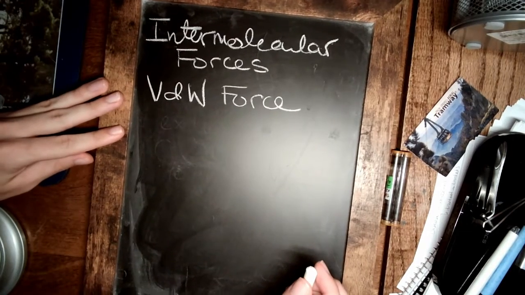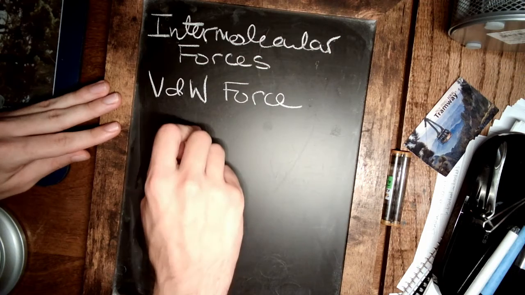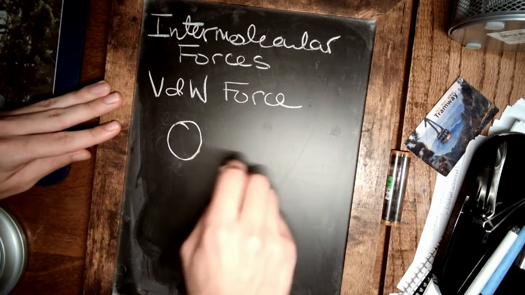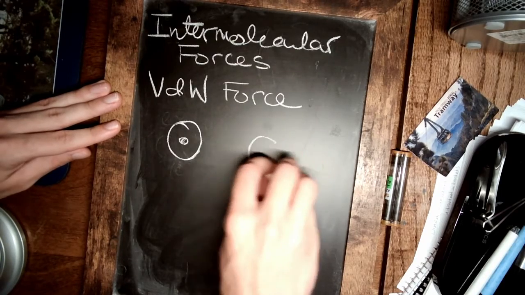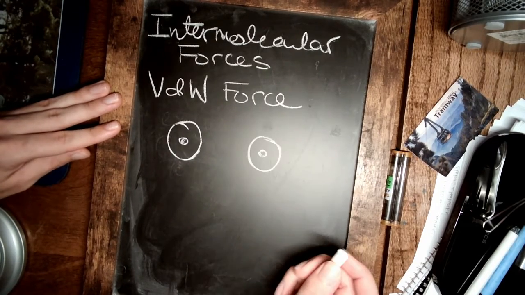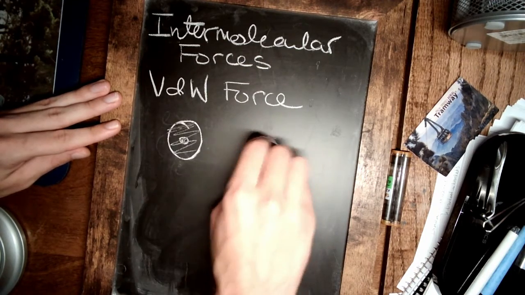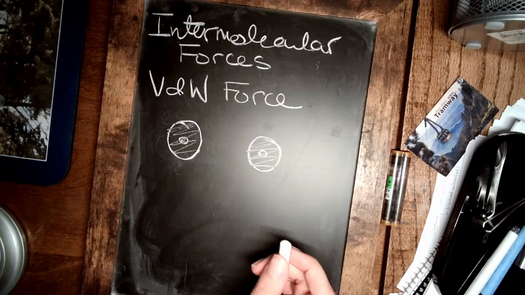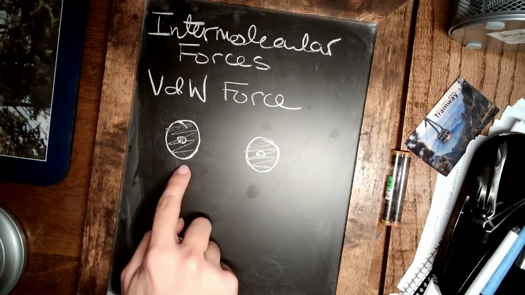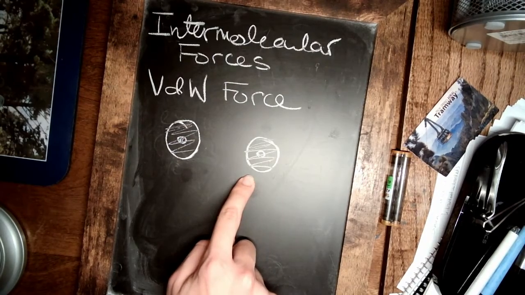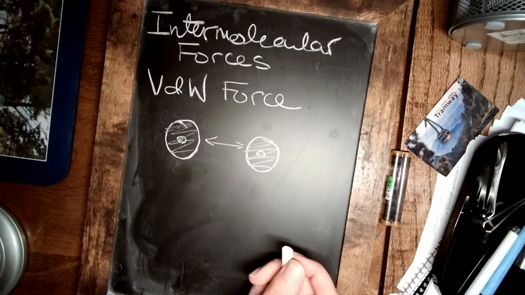Now, just to motivate this a little bit, we have actually two atoms, nucleus and electron density surrounding them. With any significant separation and with no net charge, there would be no significant force acting between them.